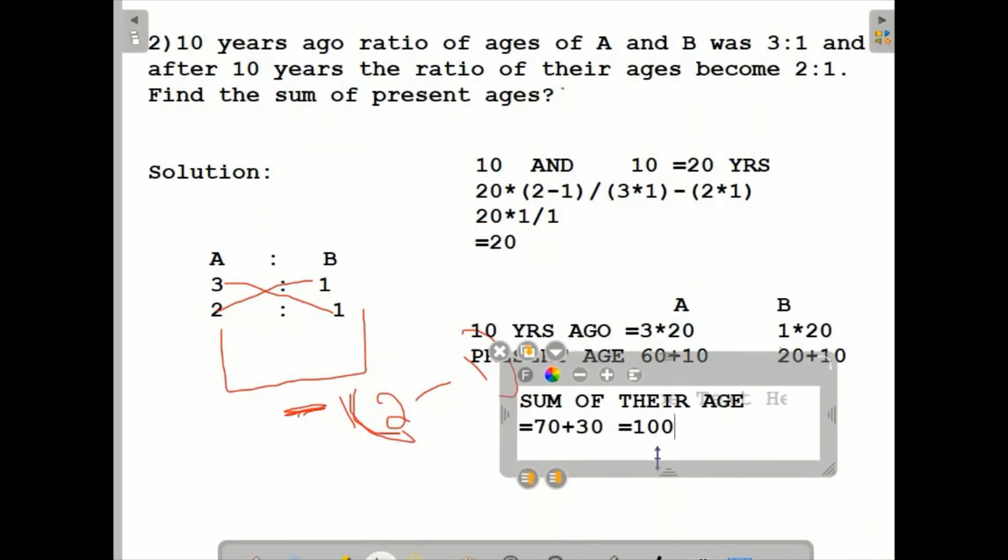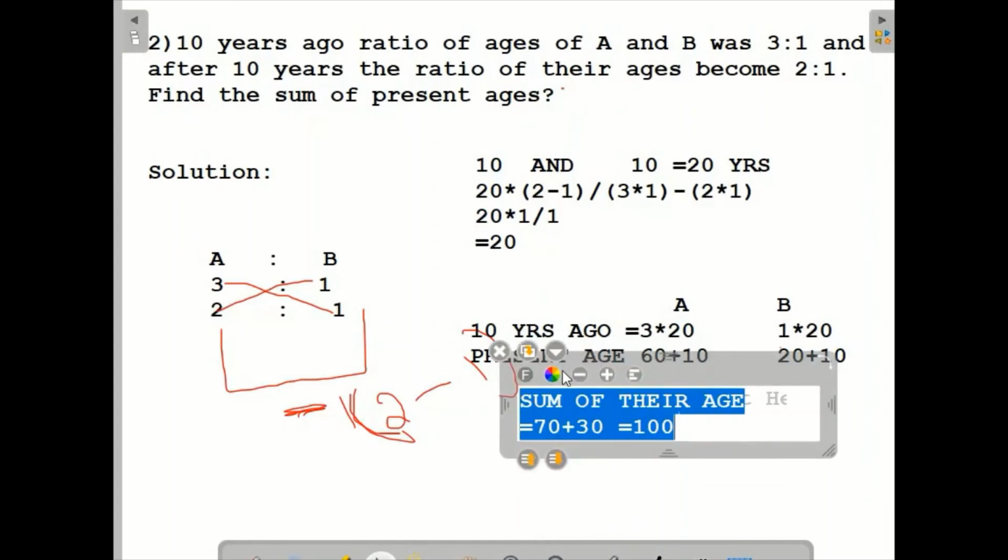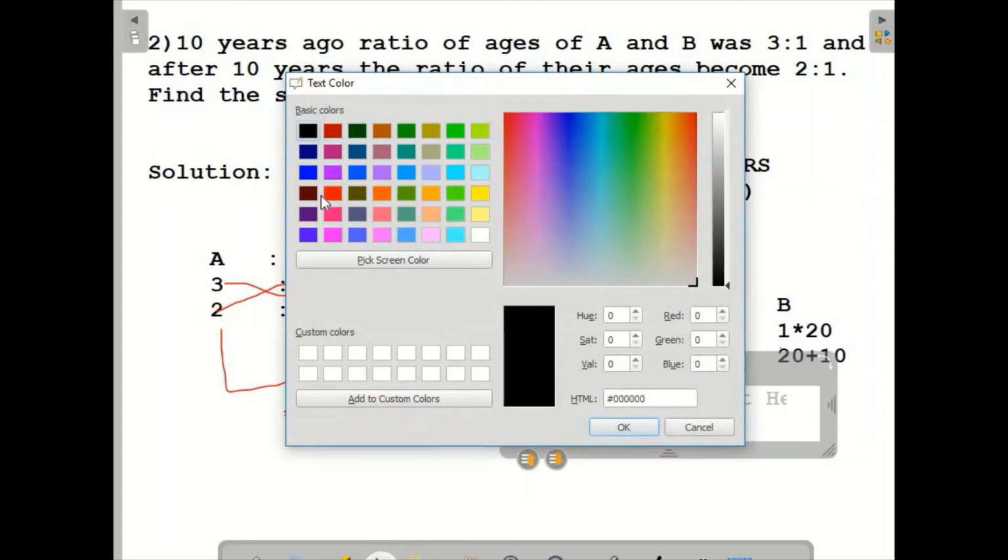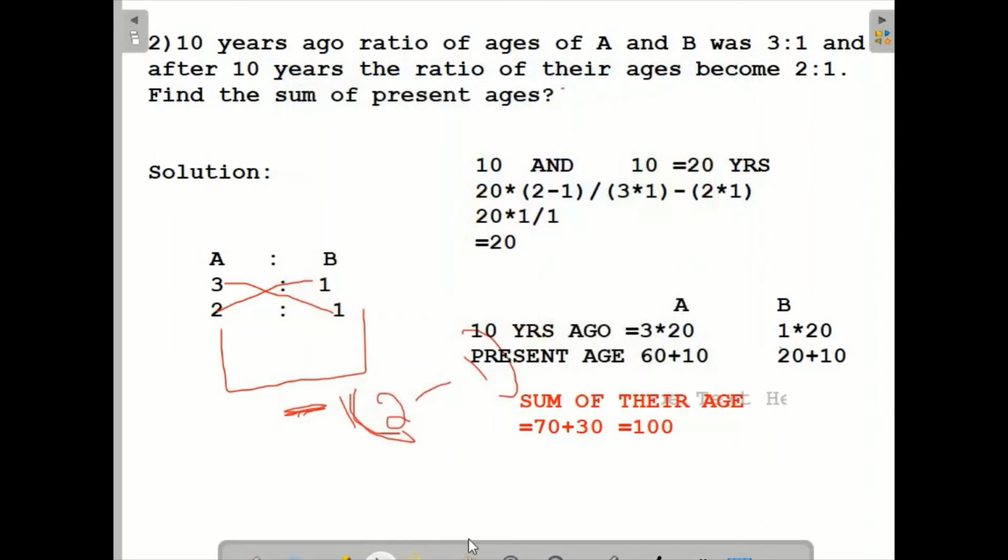So as I said earlier, we have to calculate for 10 years and 10 years. So they are given ago 10 years and after 10 years we have to calculate totally for 20 years, in the same way what we have calculated in the previous sum.